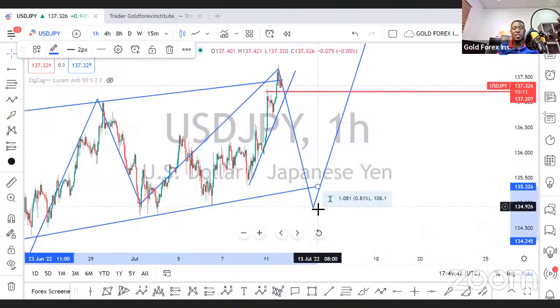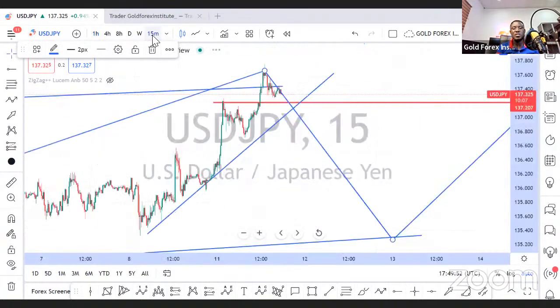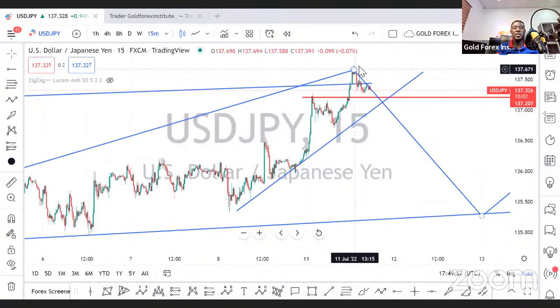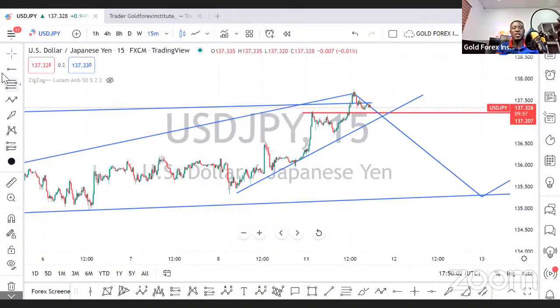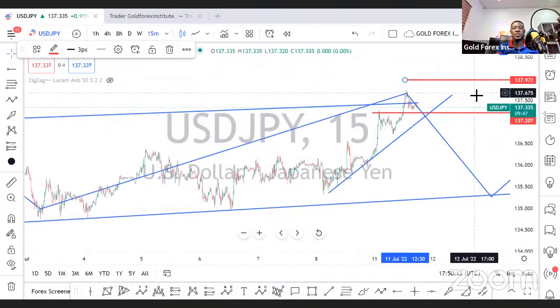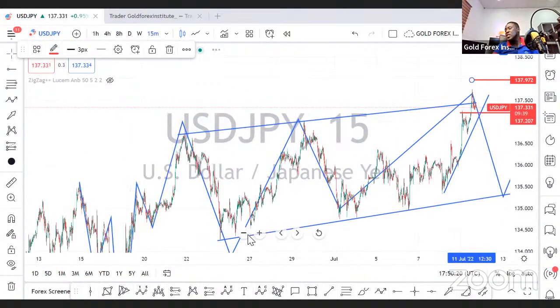Now I think I'll look for an entry for this trade. Let me look at the 15 minutes. Let me see whether I can enter this trade. I'll take the risk, Inshallah. I'll take the trade. Let me look at something. What if we wait for it to break this trend line?